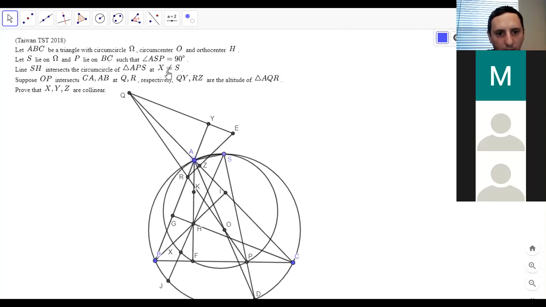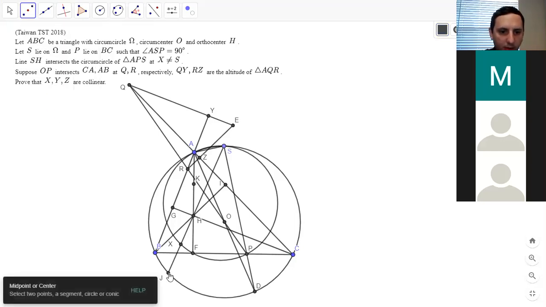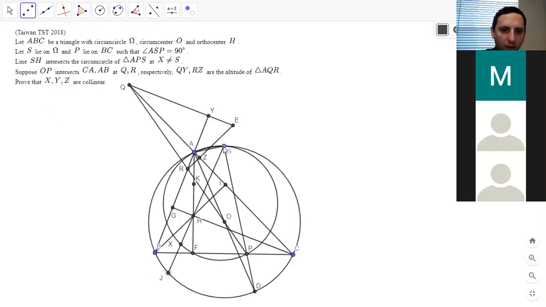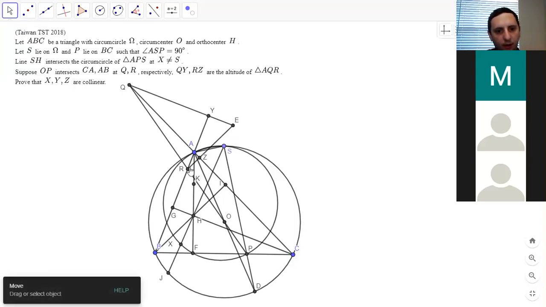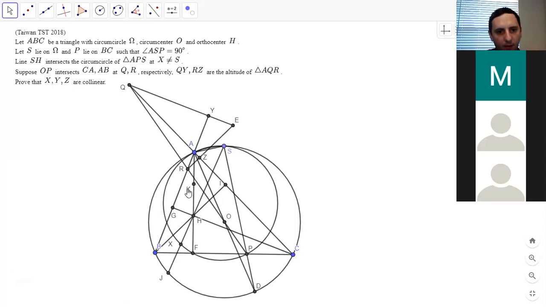Is H the midpoint of SJ? No, I don't think so. So X is the midpoint of HJ, but if we draw the midpoint of SJ, that would basically be the perpendicular from O to SJ, and so that's not H. So we want to show Y, Z, and K are collinear, and then I guess X, Z, and K, I'm not sure.